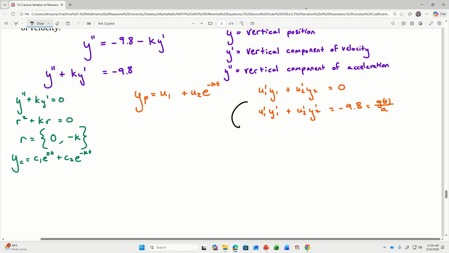Let me rewrite that system and actually plug in stuff. y1 is just the number 1, right? y1 prime will be 0. u2 prime times y2. y2 is e to the negative kt. So y2 prime will be negative k, e to the negative kt.